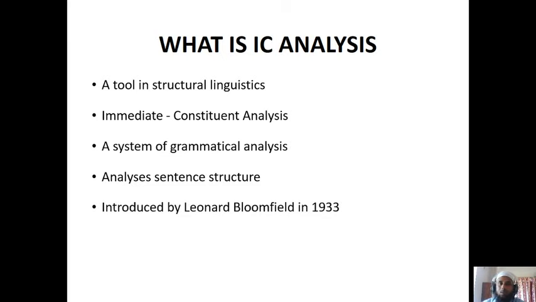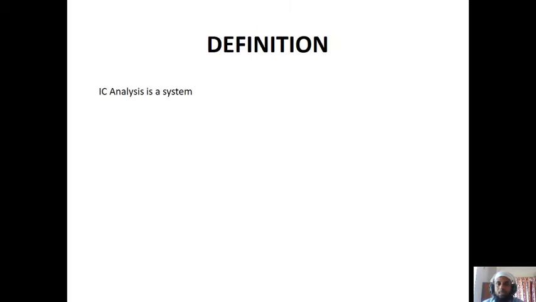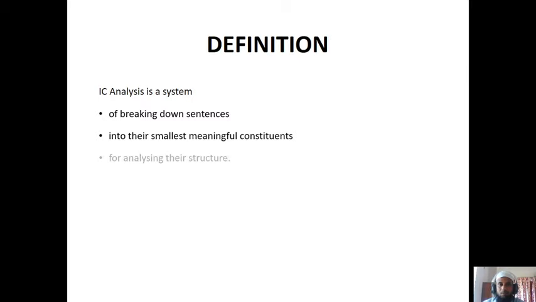IC analysis was introduced by Leonard Bloomfield in 1933, and later on it was developed by Rulon Wells and Zellig Harris. So what is IC analysis? IC analysis, of course, is a system of breaking down sentences into their smallest meaningful constituents or parts, for analyzing their structure.